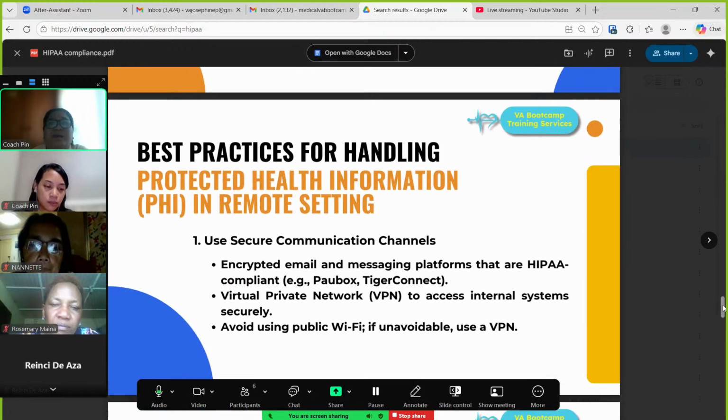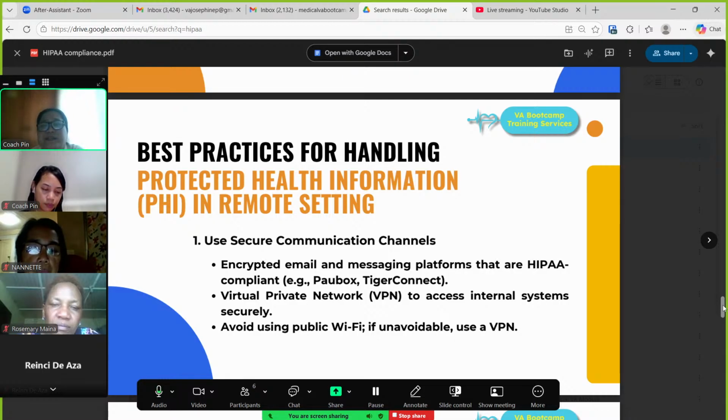Let's focus on the best practices. Okay? So what are the best practices for handling PHI or protected health information in a remote setting? Because this one is applicable to all of you, if you will be working remotely as a medical virtual assistant. So number one, you have to use secure communication channels.